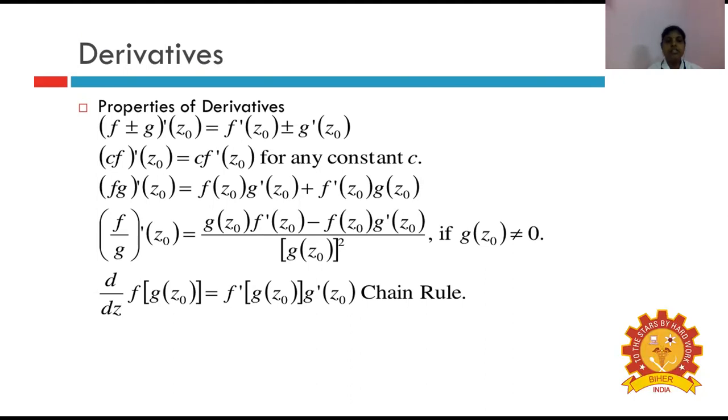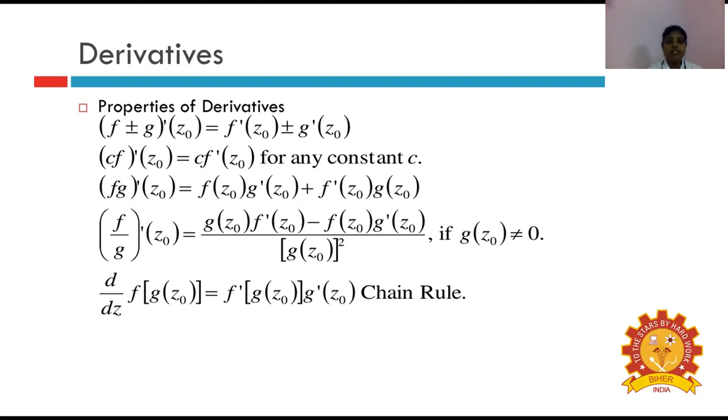Next property, here c is a constant: (c into f) whole dash of z naught equal to c into f dash of z naught for any constant c. Third one: (f g) whole dash of z naught equal to f of z naught into g dash of z naught plus f dash of z naught into g of z naught.